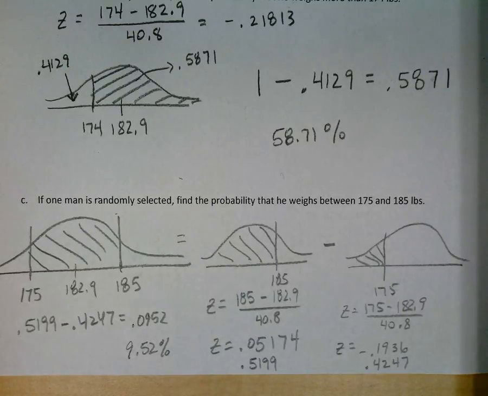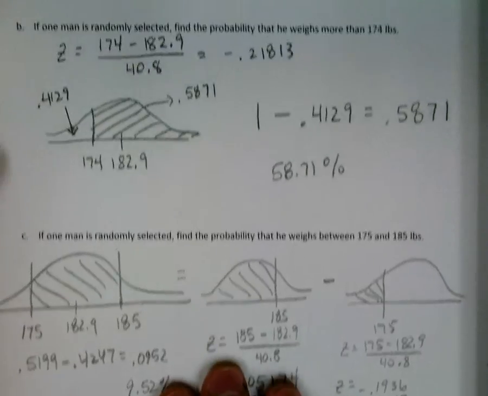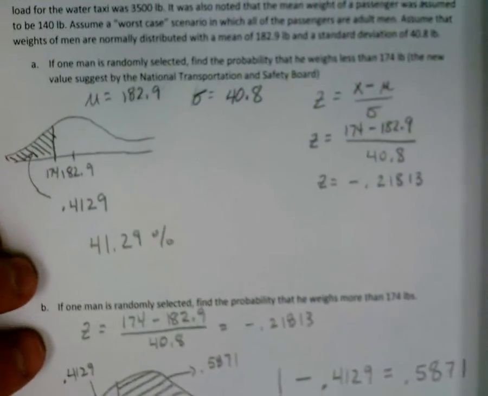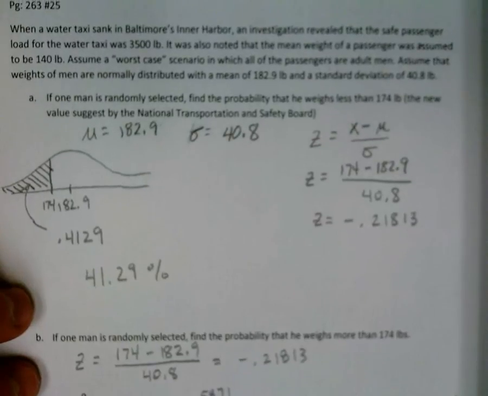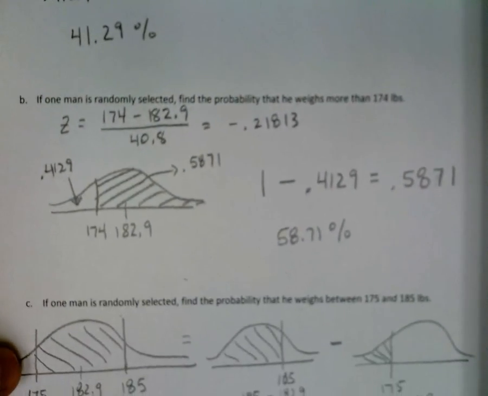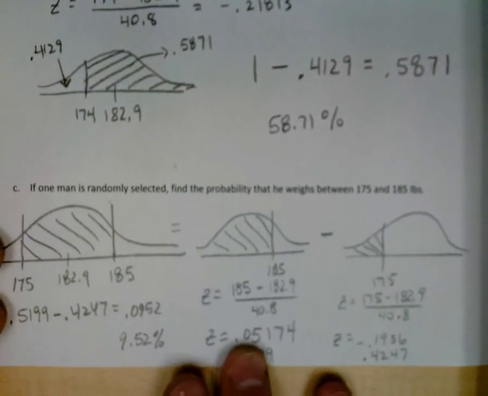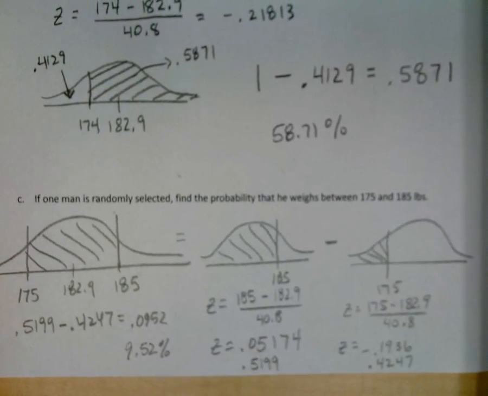But the main purpose of the video is to show you how to do normal distribution, both with finding the probability less than a certain amount, such as A, greater than a certain amount in B, and then in between two amounts in C. The z-tables, both positive and negative, are on Moodle, so you would definitely want to print those out.